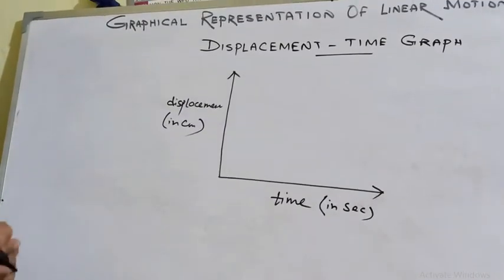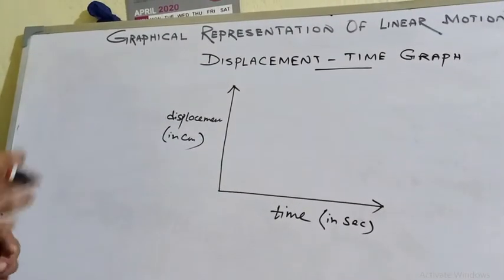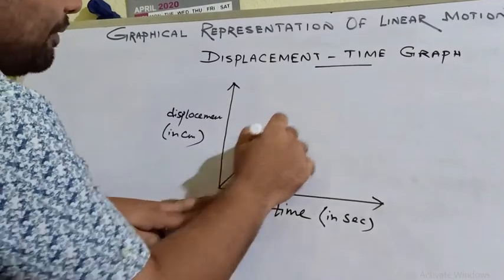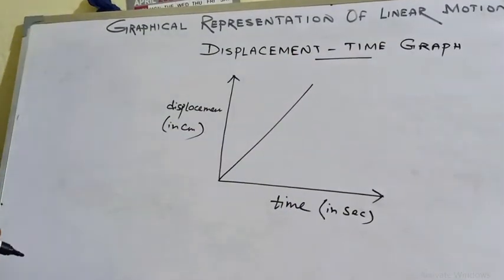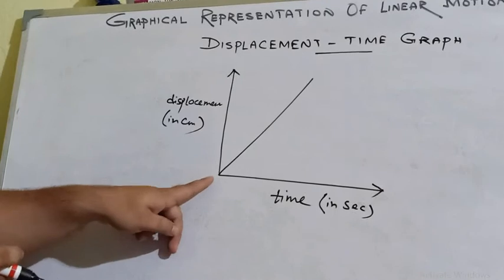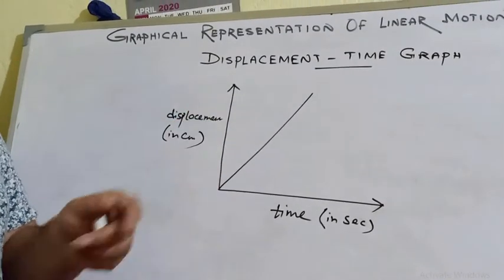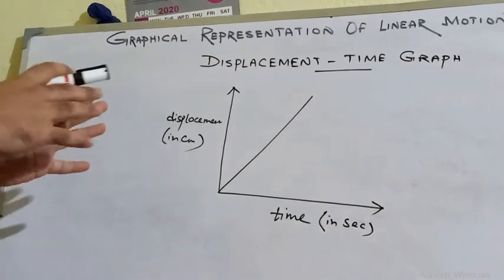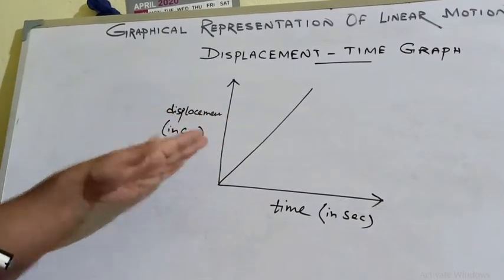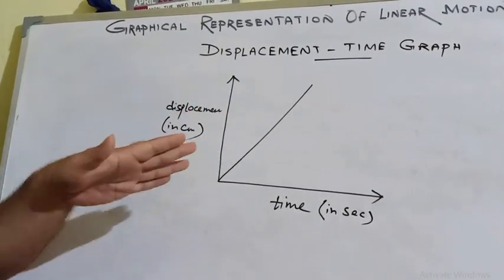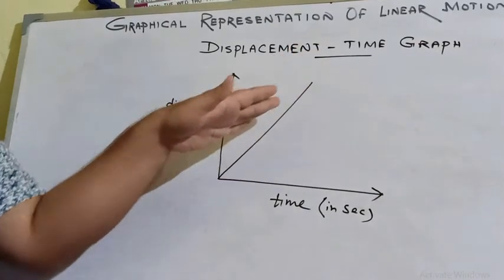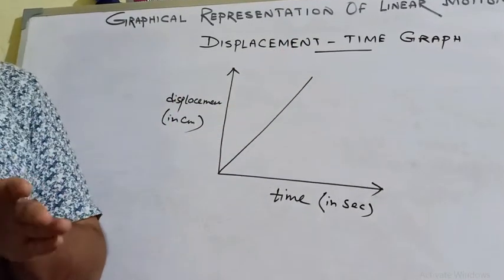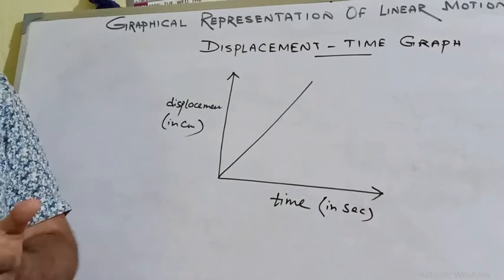Now let me take any curve. Suppose I have taken this curve, a straight line through the origin. I can tell you that the velocity is the ratio of displacement and time. So the slope of this curve will give us the velocity. How to calculate?